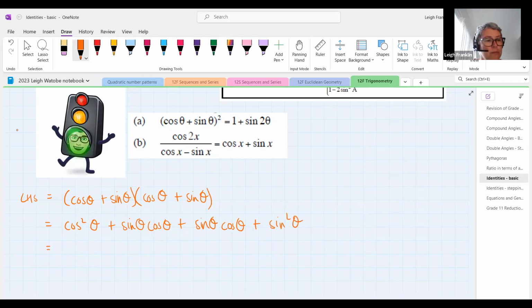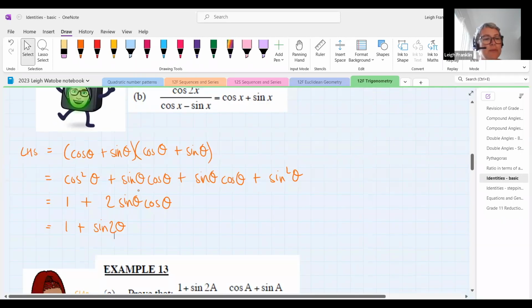And then I said cos squared theta plus sine squared theta is 1. And then sine theta cos theta plus sine theta cos theta is 2 sine theta cos theta. And then afterwards, I said, therefore it is equal to the right-hand side because 2 sine theta cos theta is sine 2 theta.